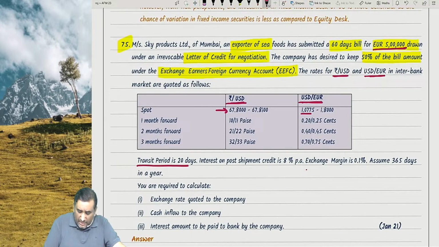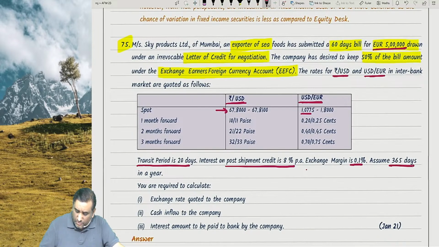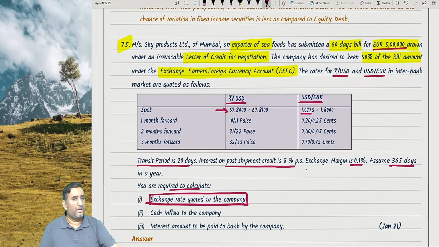Then transit period 20 days, a new word for you again. Interest on post shipment credit is 8%. Exchange margin 0.1, assume 365 days. You are required to calculate the exchange rate to be quoted to the company. Basically this question is based on a parameter in which we have to decide the time period.